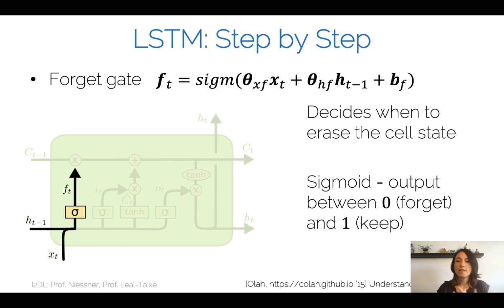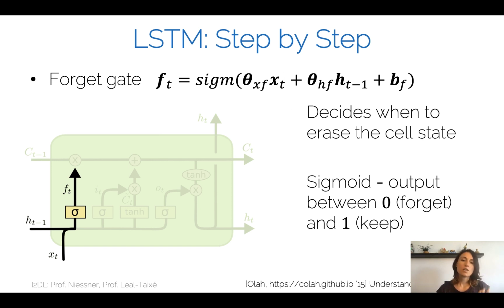Well, it looks at the input and it looks at the past hidden states. So we have here processing of the input and processing of the previous time step. All the information coming from the previous time steps is condensed into ht-1, and the information of the current time step is condensed into the input xt.